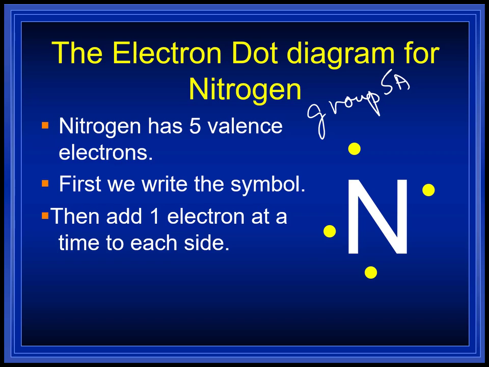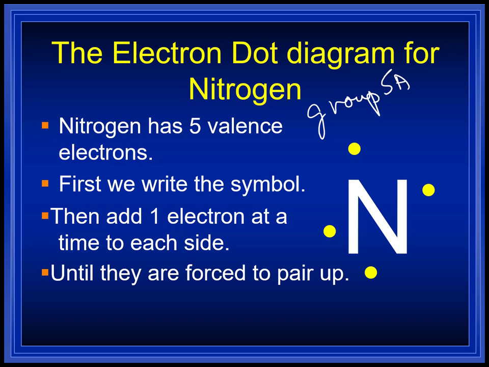Now I'm at the fifth one, so they're forced to pair up. And that's the electron dot diagram for nitrogen. It's got 5 dots because it's got 5 valence electrons. I could have put the pair on any side. Doesn't matter which side I put that last one in. Pretty easy.